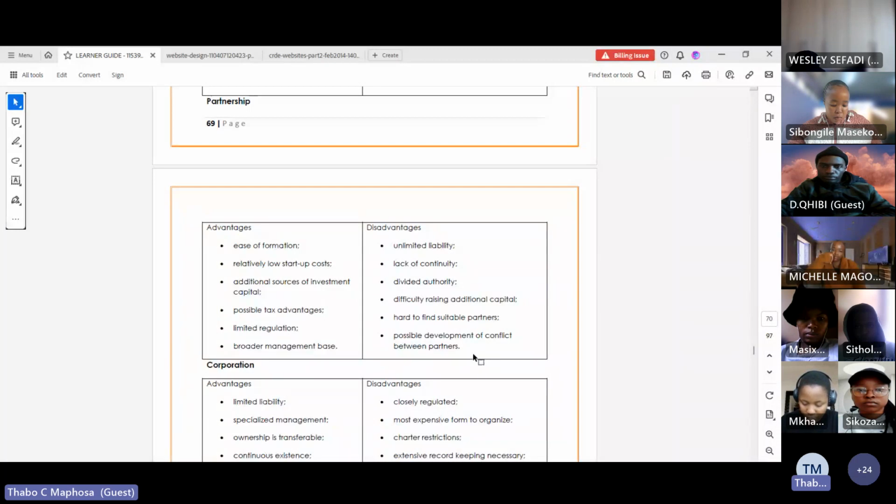If one of the partners leaves or dies, there's lack of continuity unless someone else comes in their place. Otherwise, the business cannot continue, especially under the same name or the same format, because it's a partnership between those people that signed an agreement between the three of them or two of them or five of them, depending.